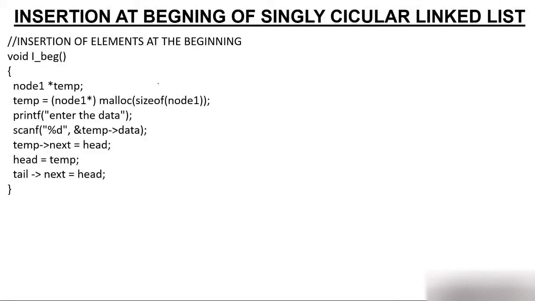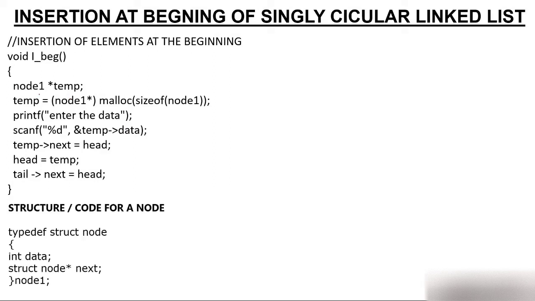So you have the code of the insert beginning function, and now you have created a pointer of node1. So what is node1? You have created a structure in order to create a linked list having the name node. There are two parts, one data and one pointer, that is address. The address is of type structure because this is the address of a node, and this is called a self-referential structure.